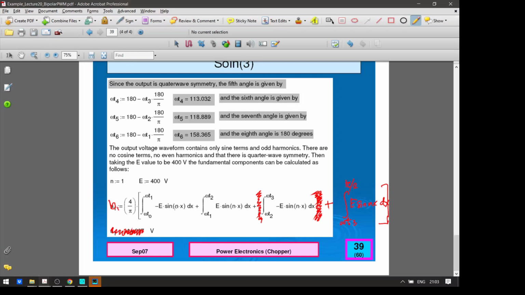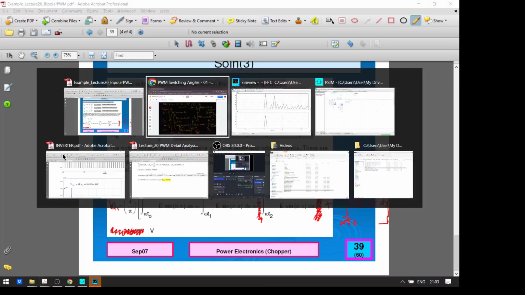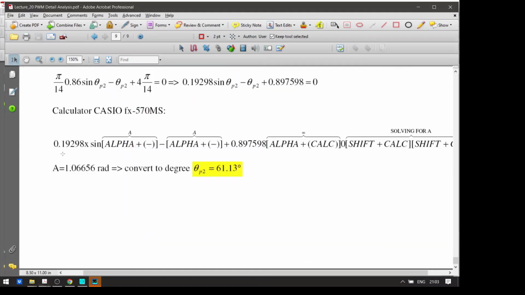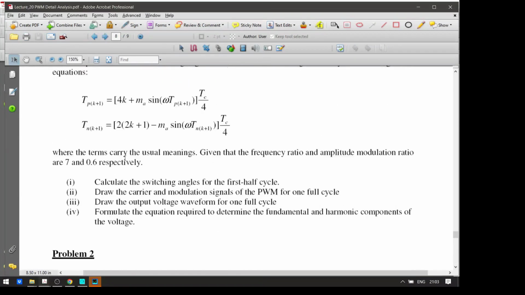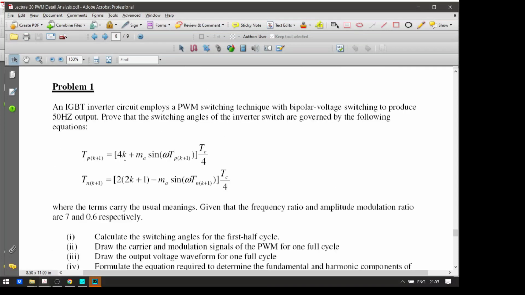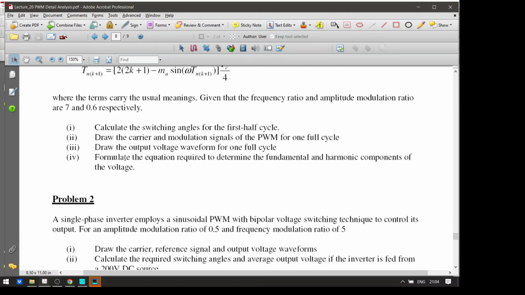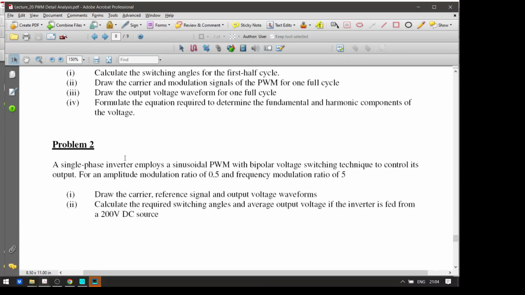I'm going to share with you, and then I'm going to share with you the simulation file as well. So try it out, and try to do also the example exercise. In this page there are 2 problems. Try to do it, try to simulate, and try to look at the answers of this.